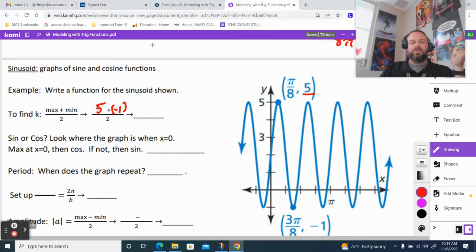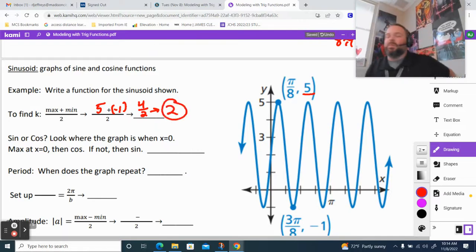Okay, so now 5 plus -1 is the same thing as 5 minus 1, which is 4. Okay, and then 4 divided by 2 is 2. Wow. Now, so we know our k value is going to be 2.